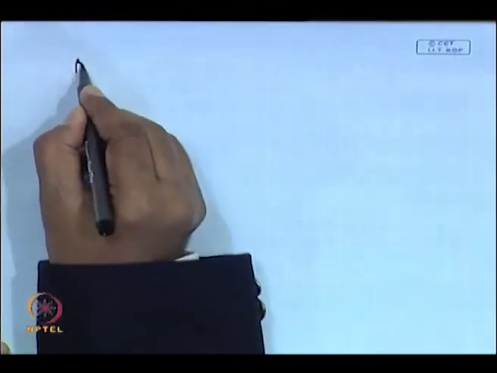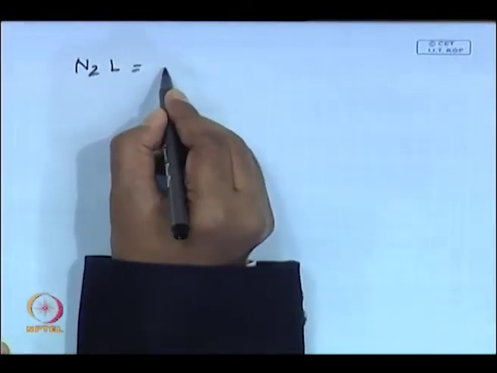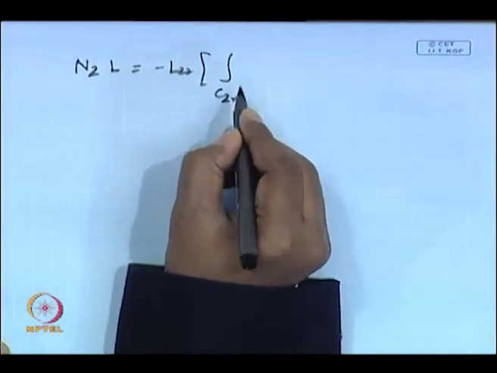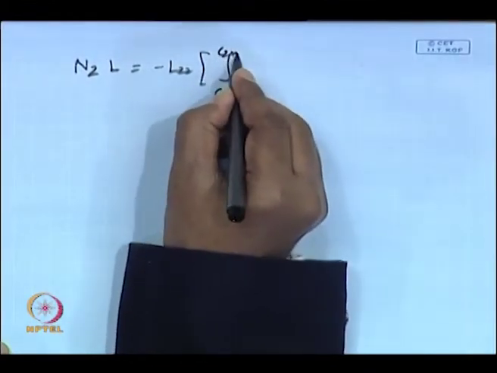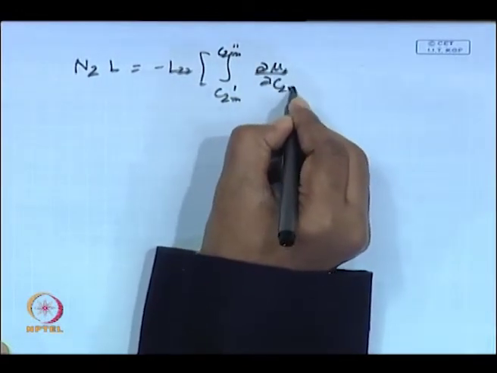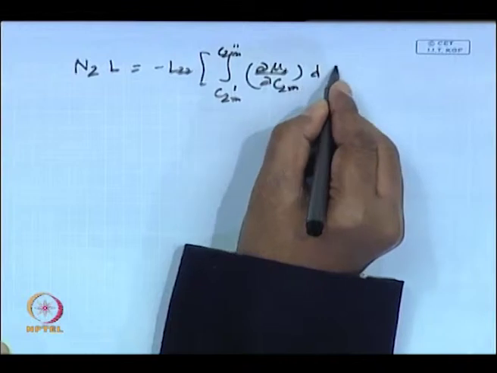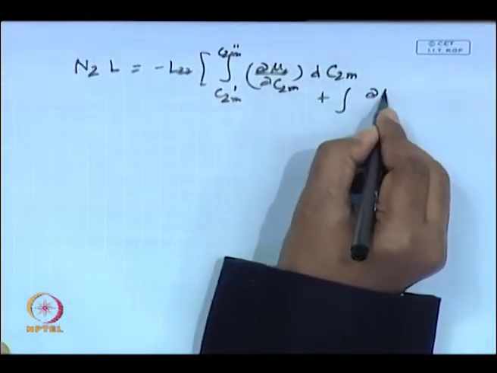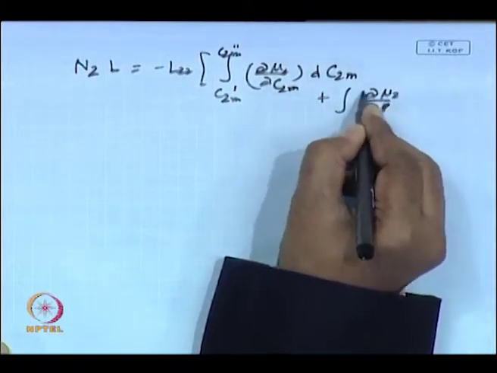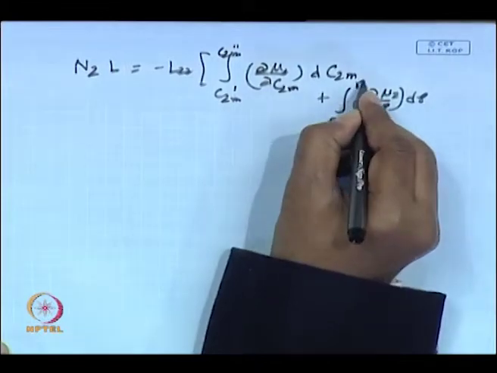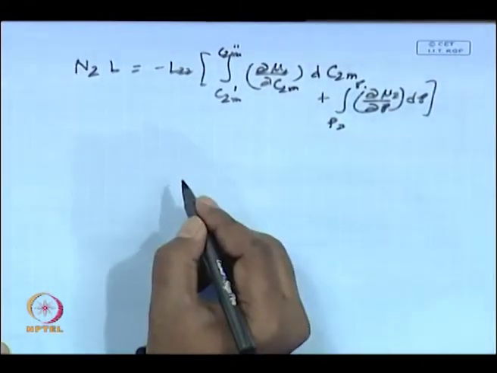We get after integration N2 L equals minus L22 times the integral from C2m prime to C2m double prime of del mu2 del C2m dC2m plus the integral of del mu2 del P dP from P2 to P1, bracket end.